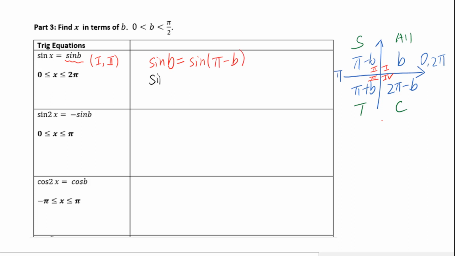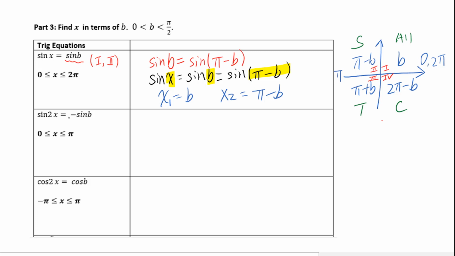Therefore, we can write down sin x equals sin b equals sin pi minus b. So we get x equals b and x equals pi minus b. So we write down x1 equals b, x2 equals pi minus b.